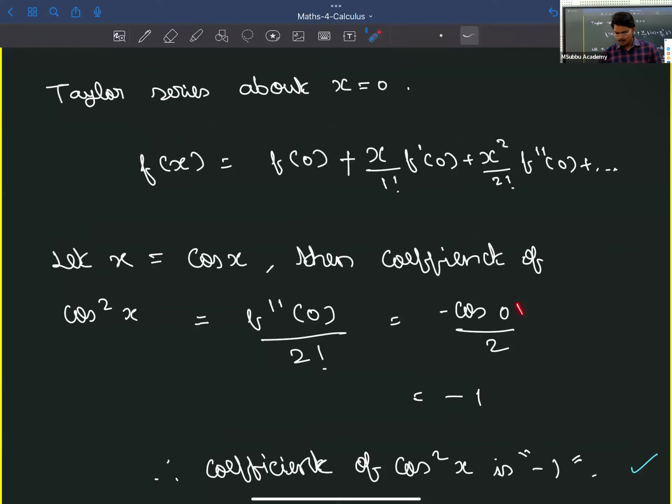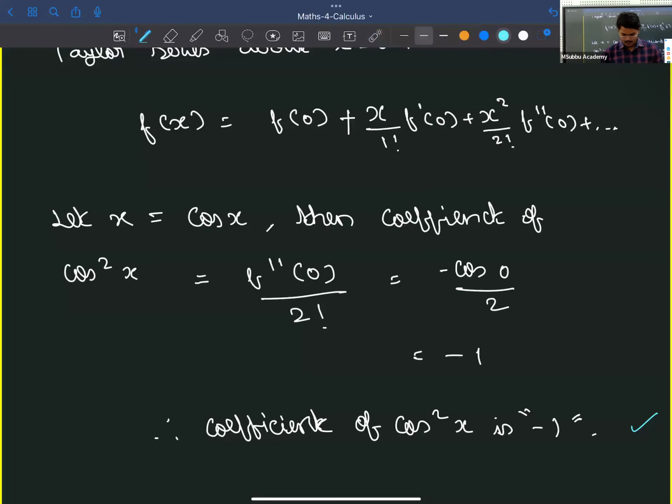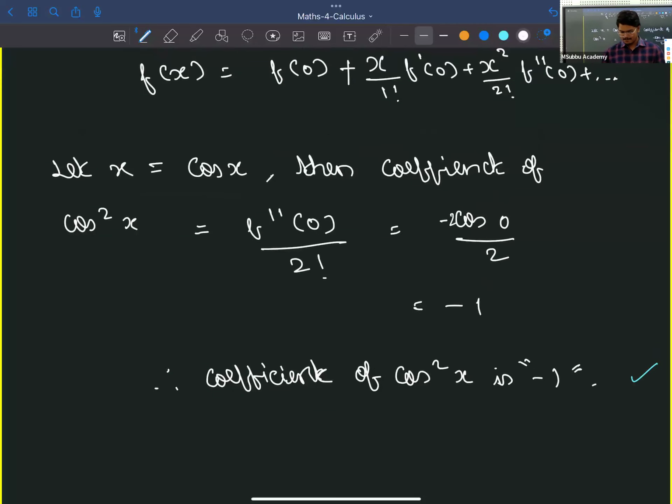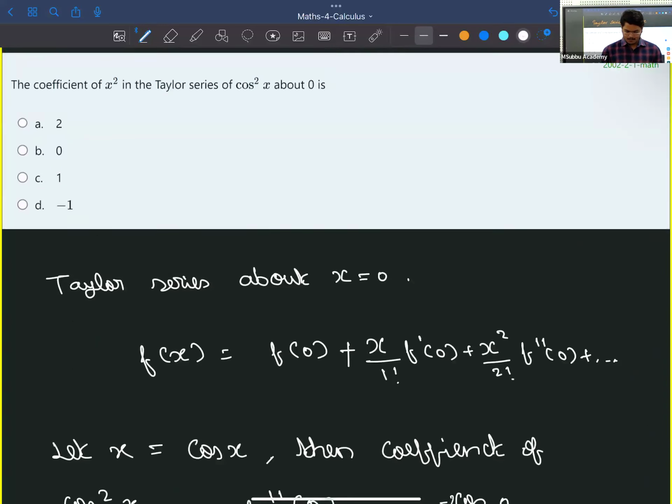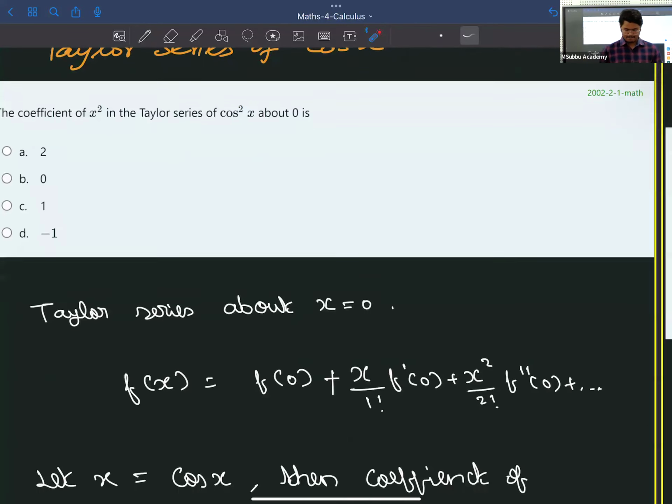Cos 0 is nothing but 1, and here you actually have a 2 because the differentiation of cos square x gives 2 cos x. That's all. So the 2 gets cancelled, you get minus 1. So the option will be minus 1 here.